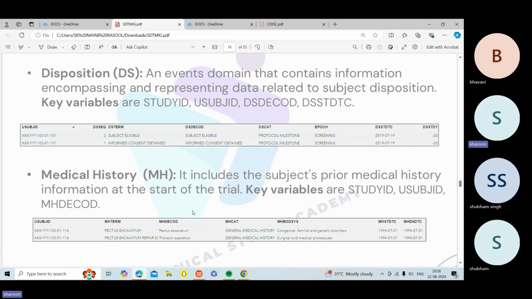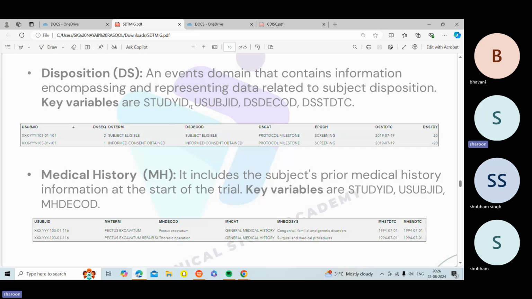Disposition. Disposition is an events domain that contains information encompassing and representing data related to subject disposition.